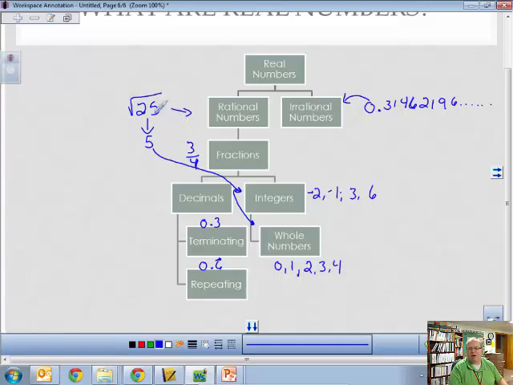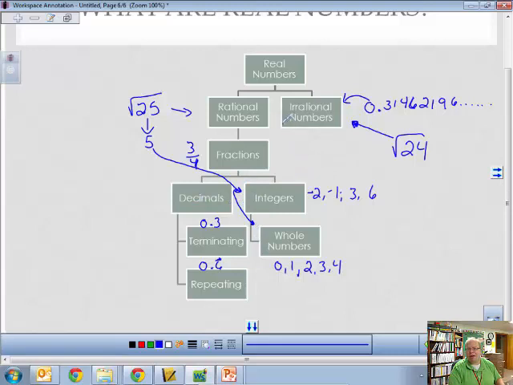All those perfect squares that you have in your notes from the last lesson are going to be rational numbers. If I give you a number, say square root of 24, that is not a perfect square, and so therefore, that is irrational, because I'm not going to be able to make that into a whole number, an integer, a decimal or a fraction.